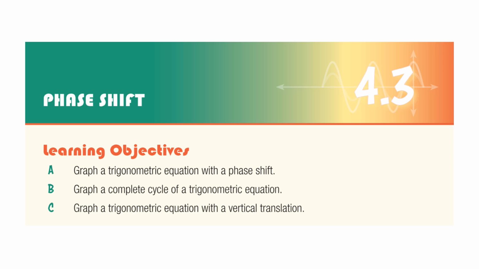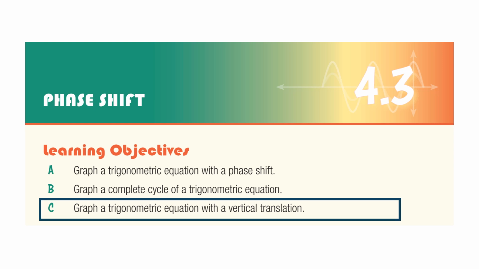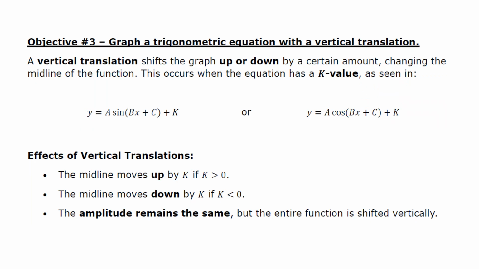All right, our third objective is to graph a trigonometric equation with a vertical translation. So a vertical translation just shifts the graph up or down by a certain amount, changing the midline of the function. So this occurs when the equation has a k value as seen in these two equations.